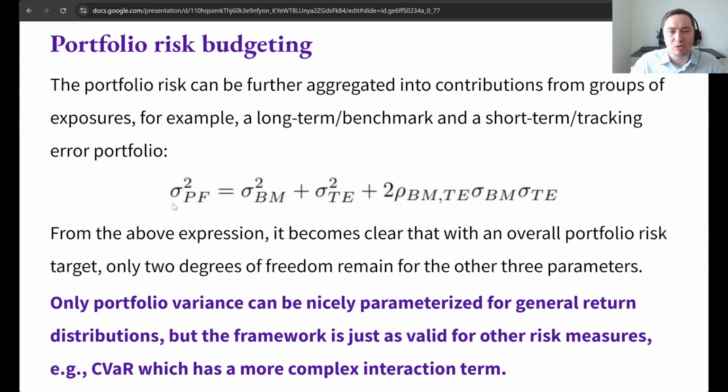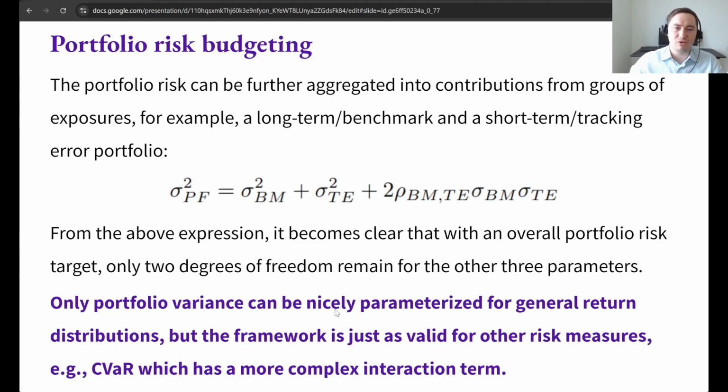So basically, if we put a target on the overall portfolio risk and the tracking error, then we implicitly also put a constraint on this correlation or the diversification term, assuming that we have a fixed benchmark risk or a fixed strategic allocation risk. This is something that you can read much more about in the book, but we will see some examples where we use this formula for variance, and then we perform some stress testing with entropy pooling to see the different effects that we can have.